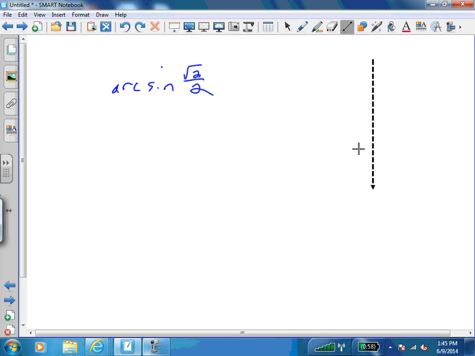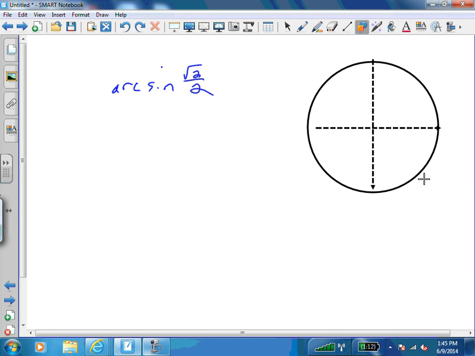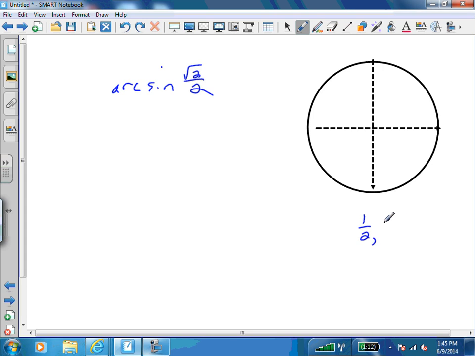If they want the exact value there, think back to the unit circle. Remember that our special ratios on the unit circle are 1/2, root 2 over 2, root 3 over 2. And as far as ordered pairs on the unit circle, which one is cosine and which one is sine? Cosine is x, sine is y.